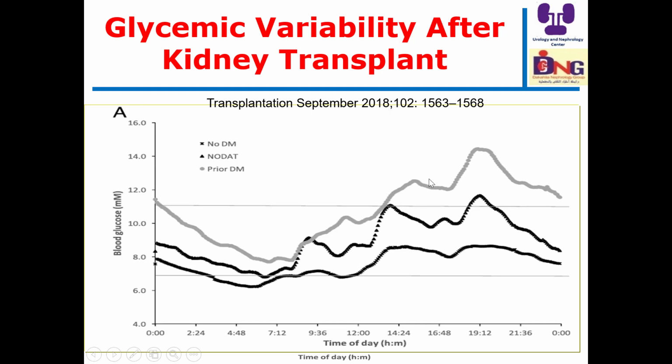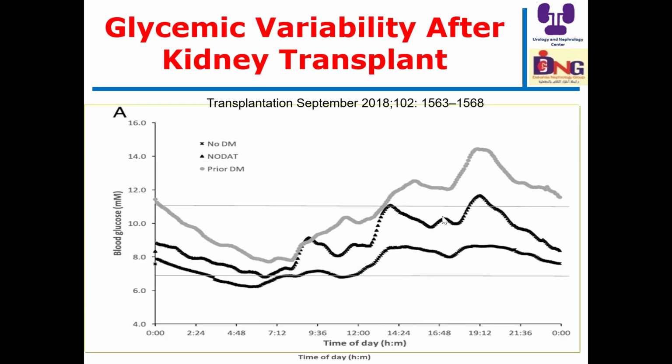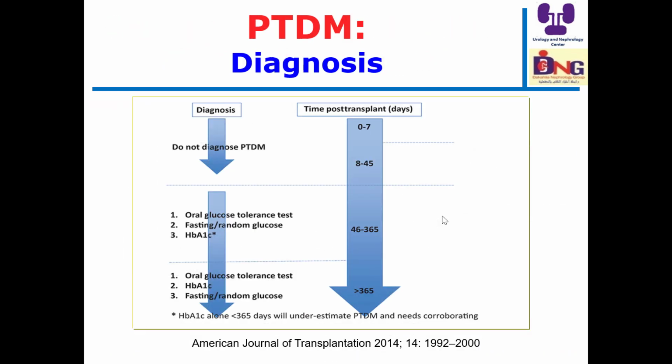And nocturnal hyperglycemia is more manifest, especially if the patient has prior diabetes or develops post-transplant diabetes, new onset diabetes after transplantation. All these points should be kept in mind when treating patients with hyperglycemia, to be sure that we control the plasma glucose all through the 24 hours.